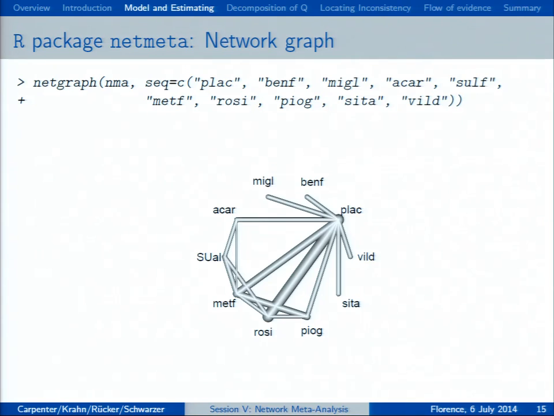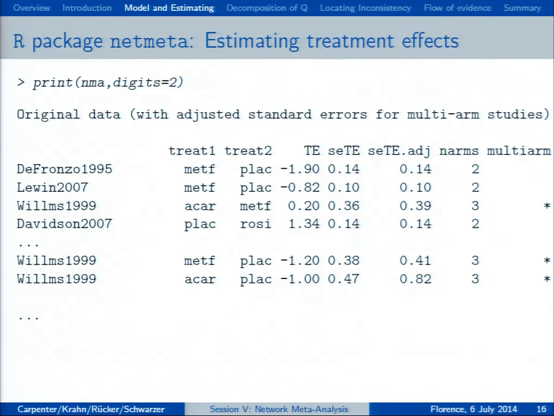Or we can give colors for the edges, or we can specify if we want the thickness proportional to the inverse standard errors or not. Okay, and if we now print this object NMA, where we specified that we only want to have 2 digits.